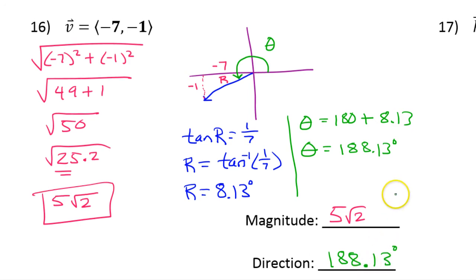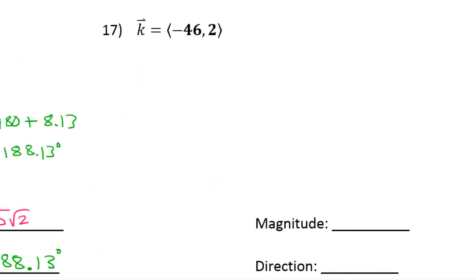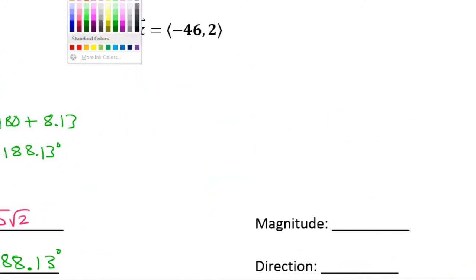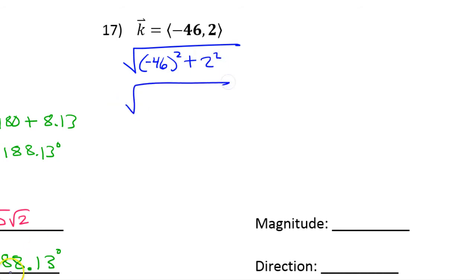Okay, let's do that one more time. Okay, let's start with the magnitude. It will be the square root of negative 46 squared plus 2 squared. That's the square root of 2,116 plus 4. That's the square root of 2,120.